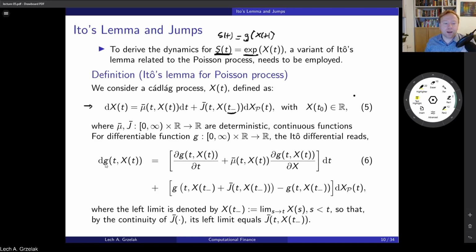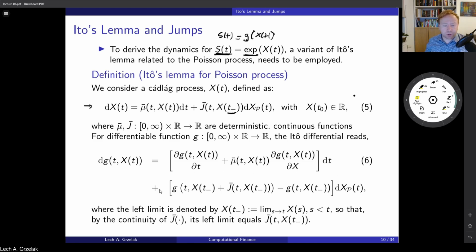So for the dynamics of function g, we have something we have seen before already: the derivative with respect to time. Then we have something very similar to the standard Ito's lemma for diffusion processes: mu times the partial derivative of g with respect to x times dt.